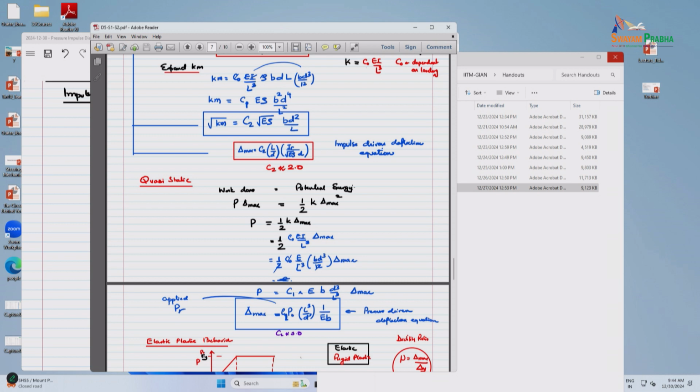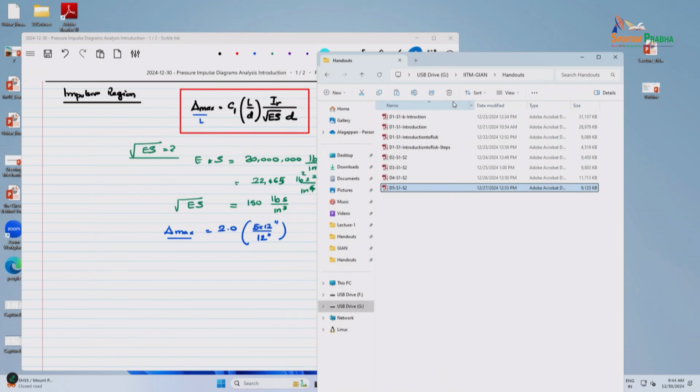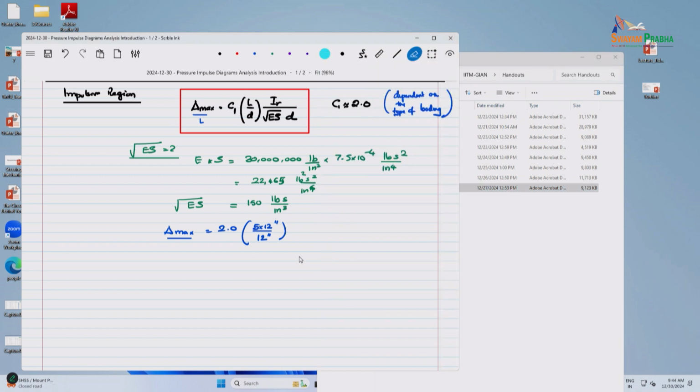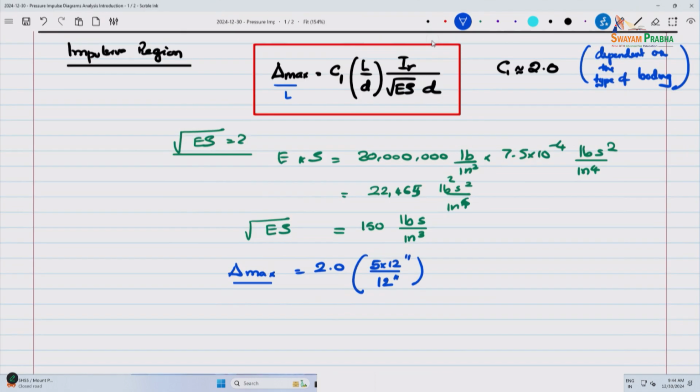So square root, L square by d power 4. So yeah, L by d. So it calculates out to IR divided by E, square root of E rho is 150, and then divided by 1 over d.